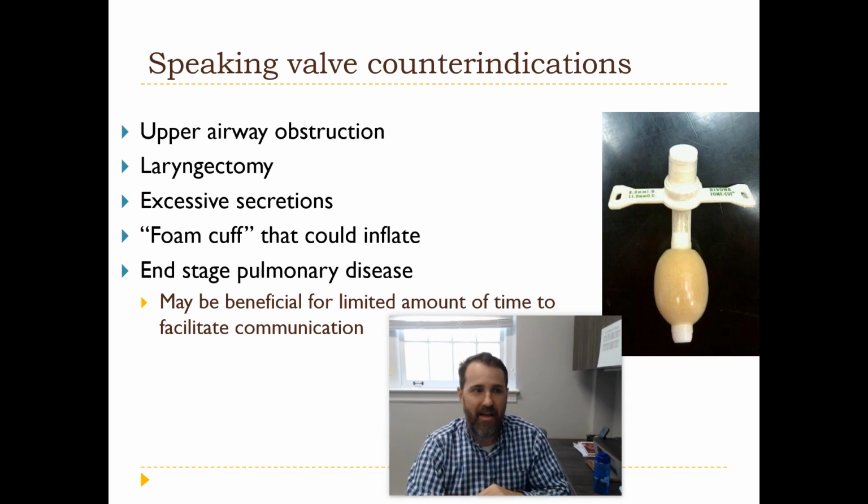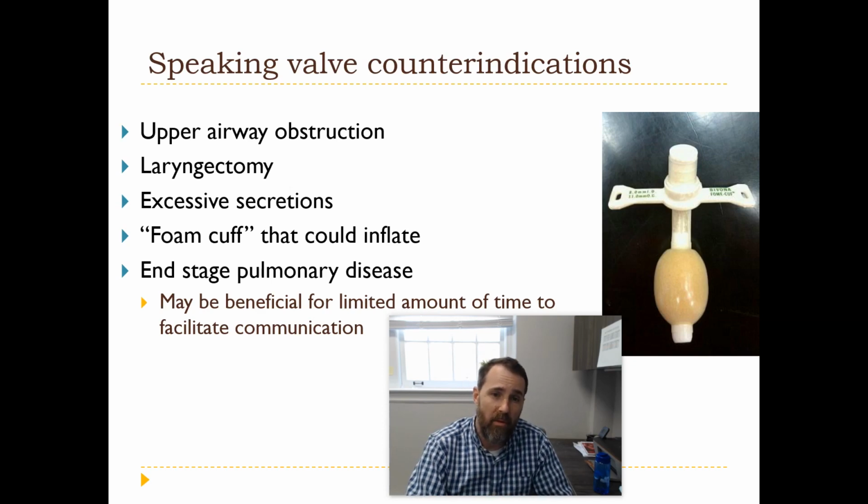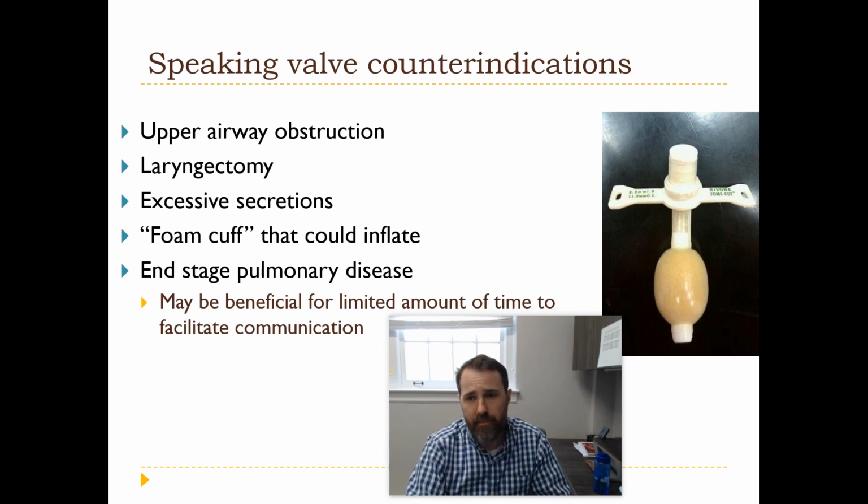If a patient has a lot of excessive secretions that could maybe build up around the tracheostomy tube within the larynx, then they could inspire through the speaking valve. Speaking valve closes, and all those secretions could be sealing off their expiratory pathway around the tracheostomy tube. So you would want to be sure that you avoid that.